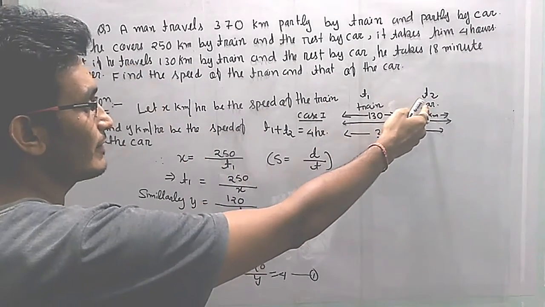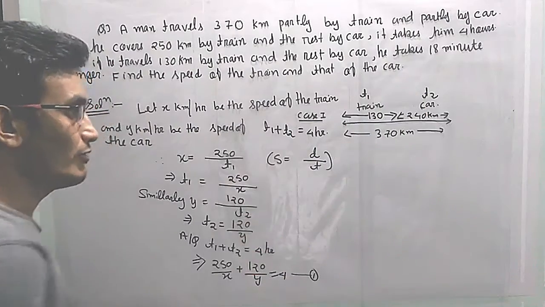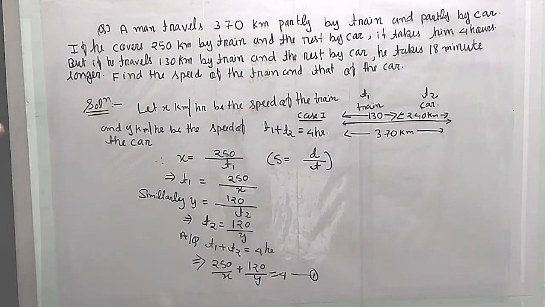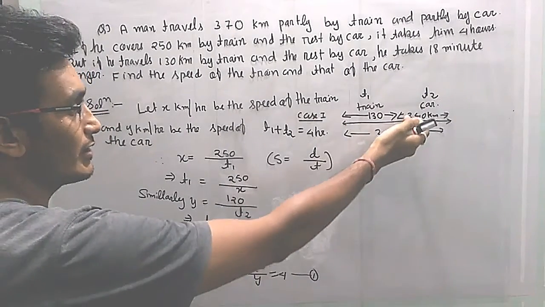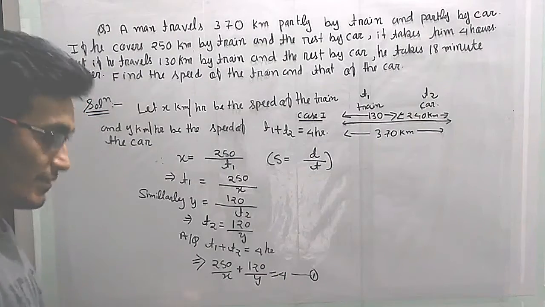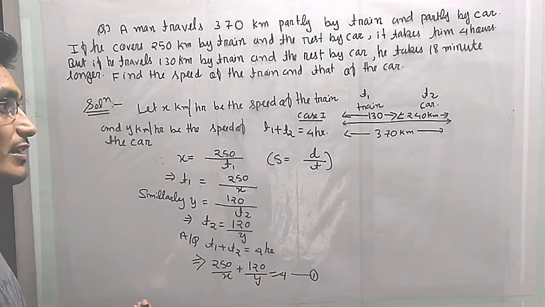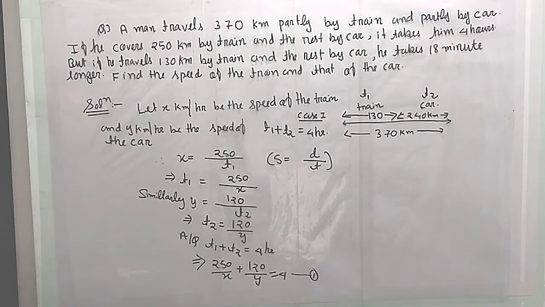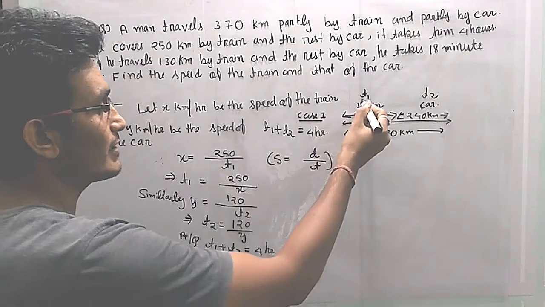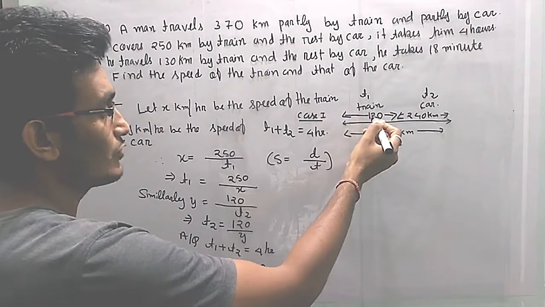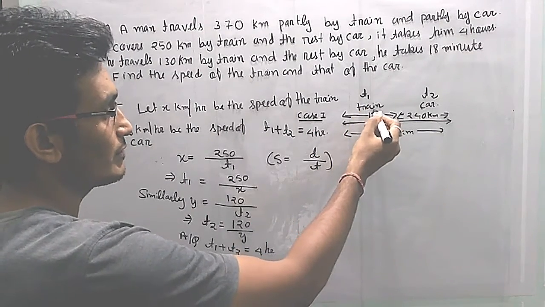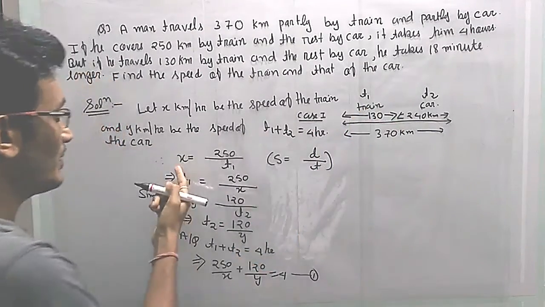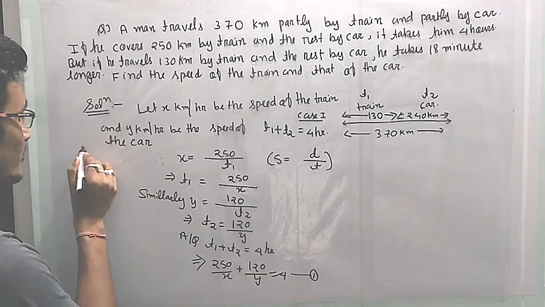So the distance traveled by the car should be 240 kilometer. Simply subtracting 130 from 370, we can easily find the remaining distance traveled by the car. Once again, same concept. Suppose T1 is the time taken to travel 130 kilometer by the train. Speed is already given.